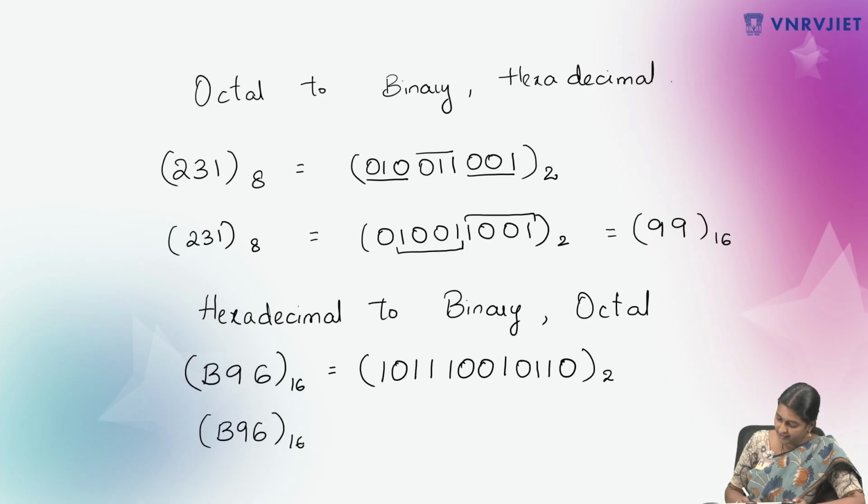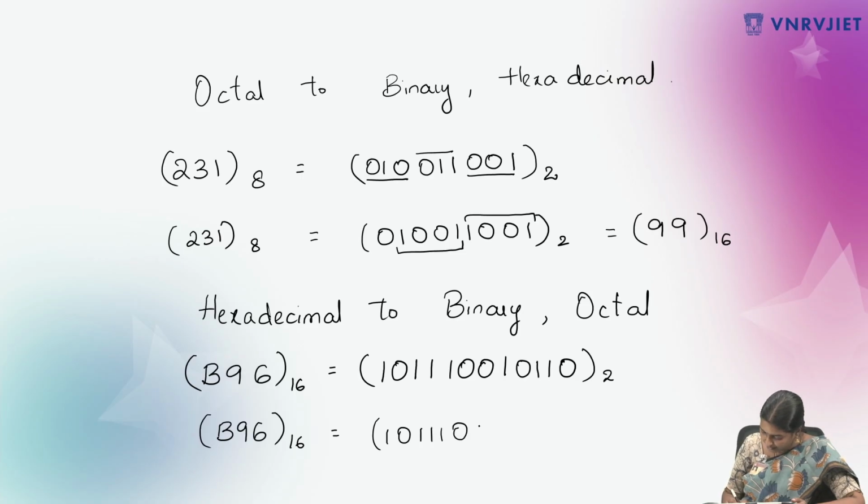Next, converting hexadecimal to octal. Group 3 digits as an entity from this binary conversion and then write down its equivalent octal number. Why only 3 digits?